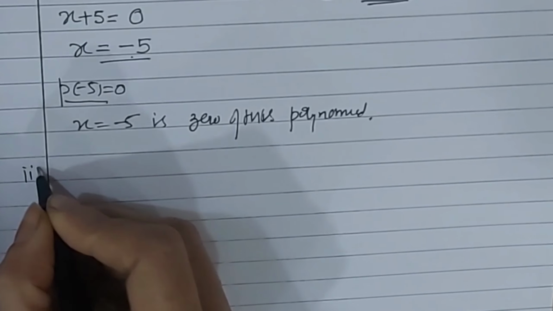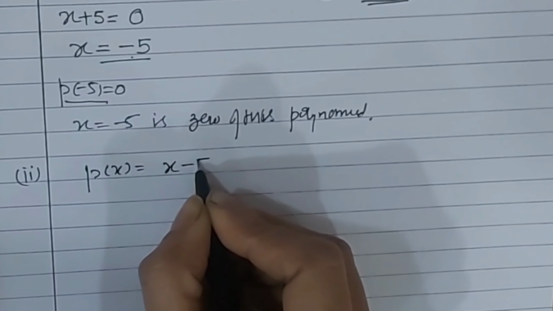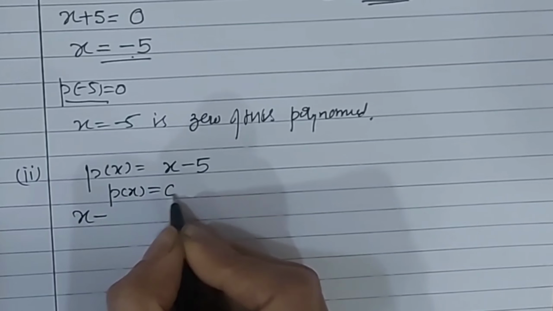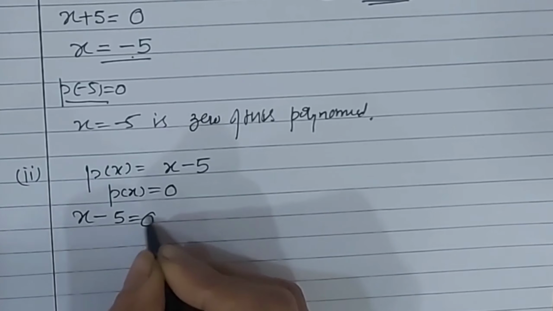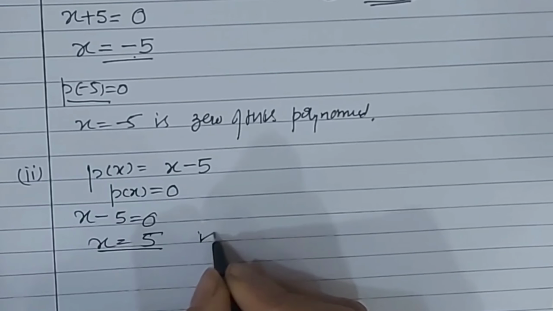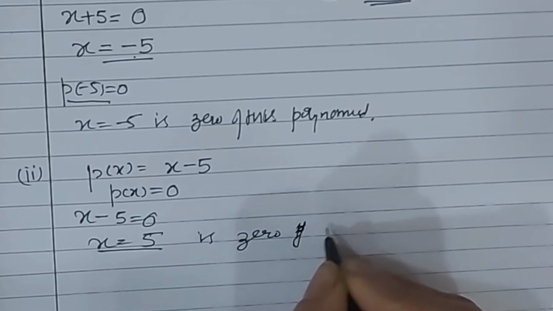We have P(x) is equal to x minus 5. Now we'll again put the complete polynomial equal to 0 to find the 0. So we have x is equal to 5. Since x is equal to 5 is the 0 of P(x).